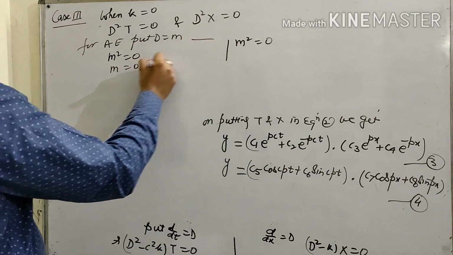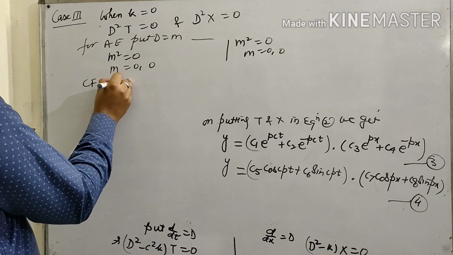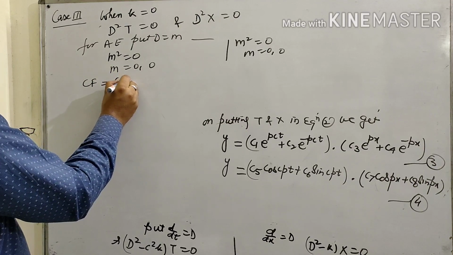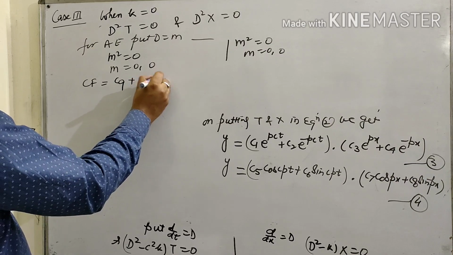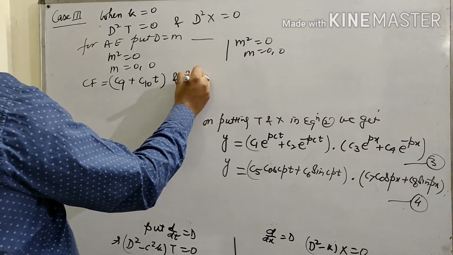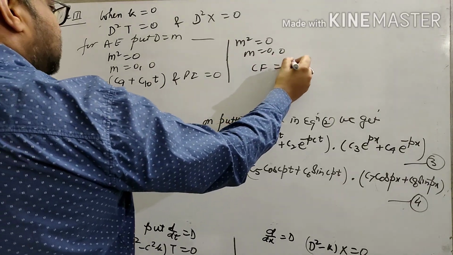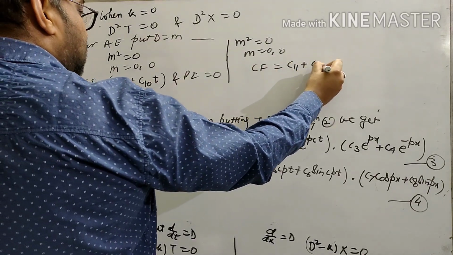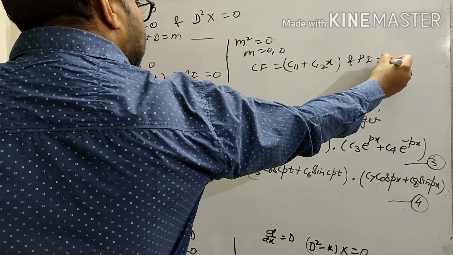So m equals 0, 0 from both the conditions. So from this condition CF equals C9 plus C10 t, and PI is also equal to 0. From this condition CF is equal to C11 plus C12 x, and PI is equal to 0.